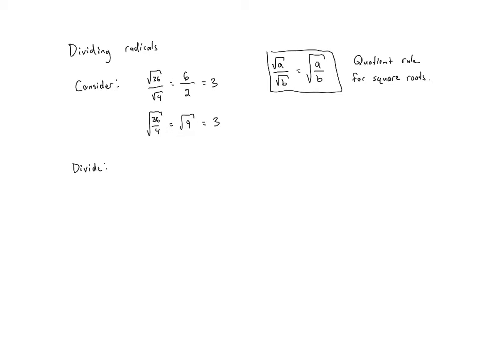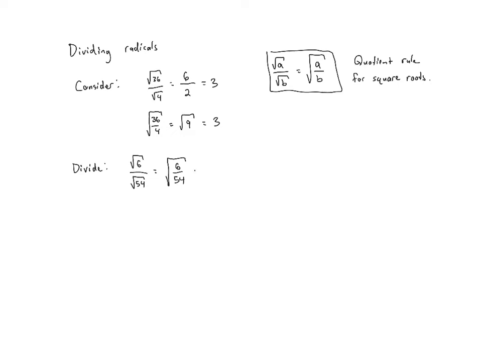Let's look at just a couple of examples. Let's look at the square root of 6 divided by the square root of 54. Neither of these are perfect squares, so we can't evaluate them individually, but the quotient rule says that we can combine them under one radical as the square root of 6/54.